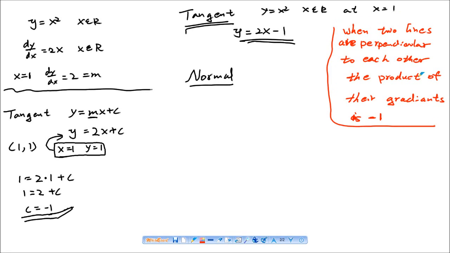What this means is the gradient of the tangent times the gradient of the normal will equal -1.